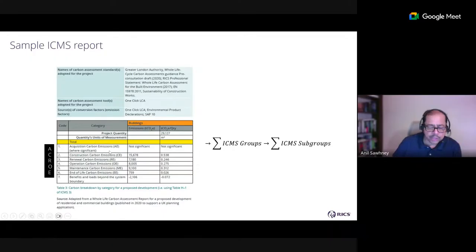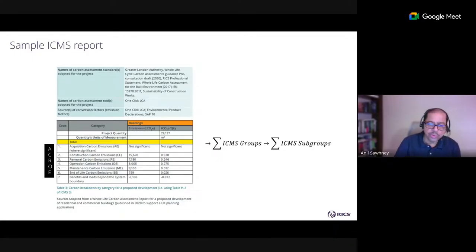Remember, the pre-construction A0 carbon emissions are negligible for buildings. So that's noted here. But then to compare these options, you have the tons of carbon dioxide equivalent for construction, renewal, operation, maintenance, and end of life. And if there are any benefits and loads, module D, beyond the system boundary, you also calculate and put them there.